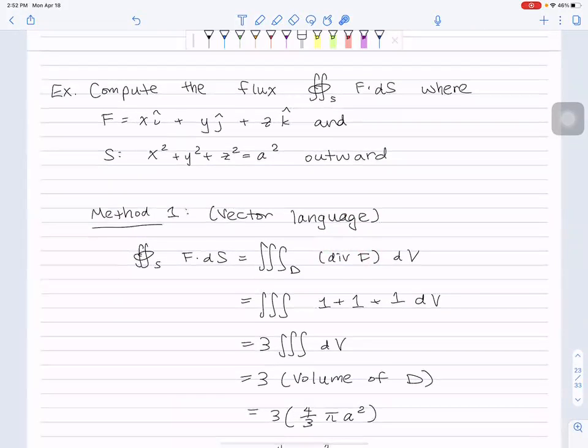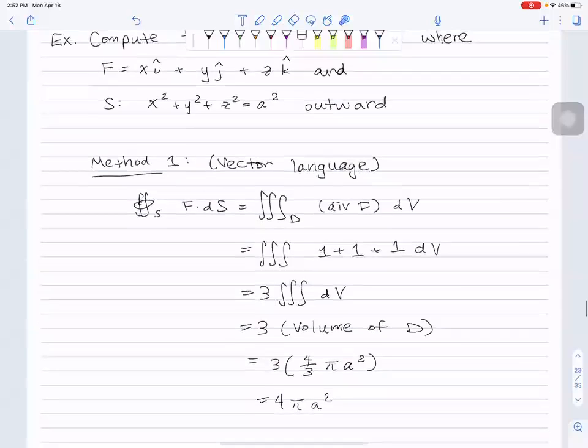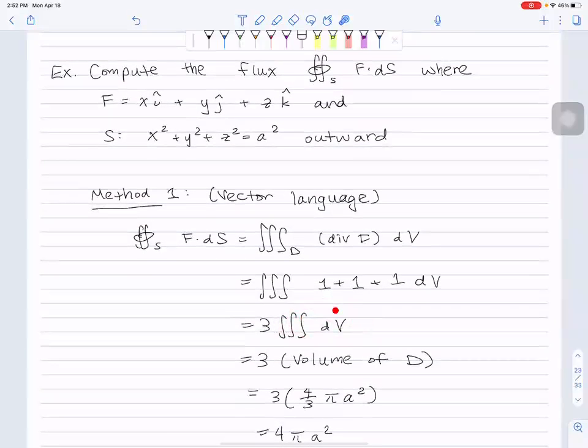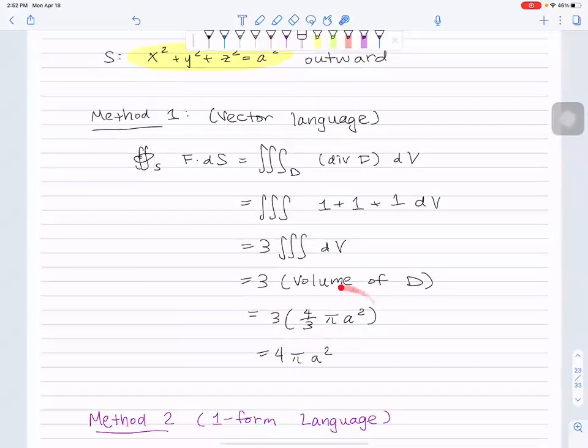So what is the divergence of f? We see that it's 1 plus 1 plus 1, so it's 3. That was nice. And we're doing a triple integral dV. What is the triple integral dV? That's the volume of our region. What is our region? x squared plus y squared plus z squared equals a squared, which we know is a sphere. So what's the volume of a sphere? 4/3 pi r cubed.